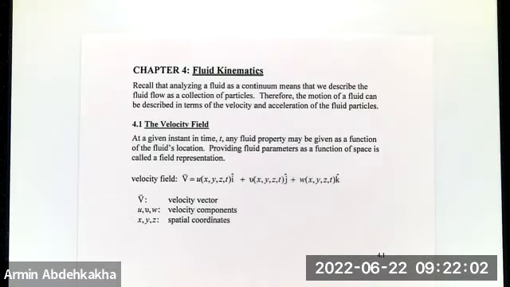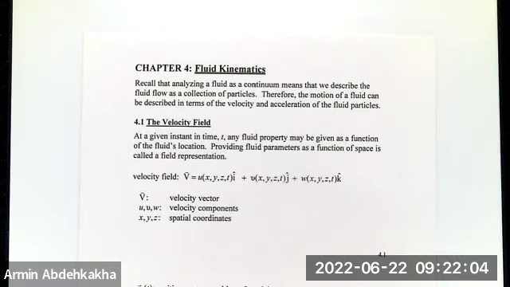Do you remember that we said the particle is lots of molecules, and we don't care about the movement of one molecule, right? We talk about the average movement. If you see from the top view in a channel and you talk about the flow velocity, right?